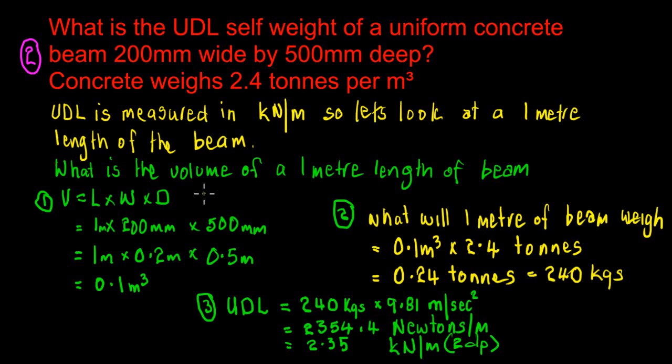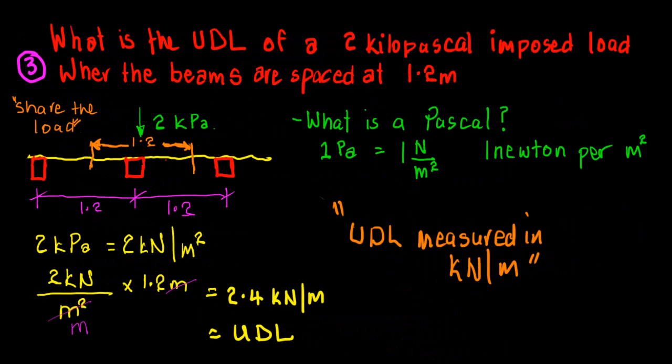We've worked out the UDL self-weight of a uniform concrete beam given the dimensions, so we can work out a volume and a density. So now it's on to the third and final scenario that we talked about at the beginning, and here it is.